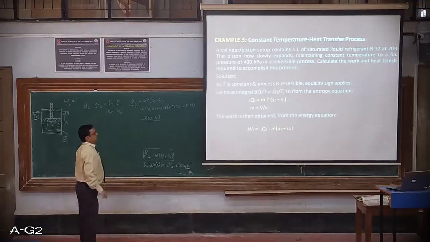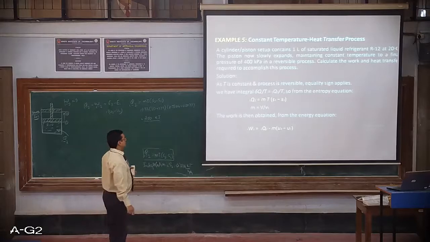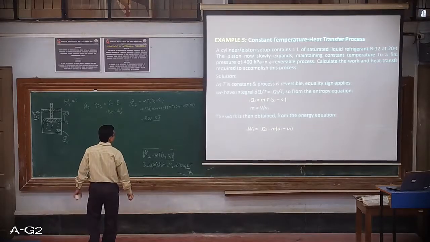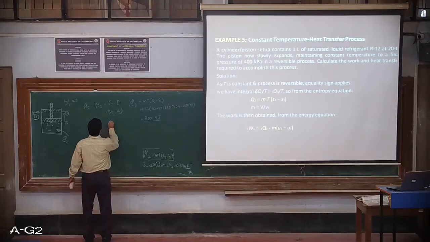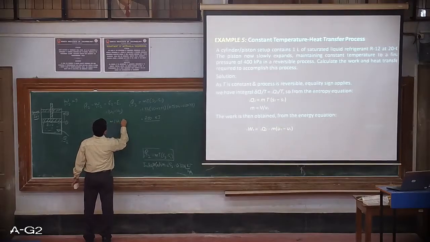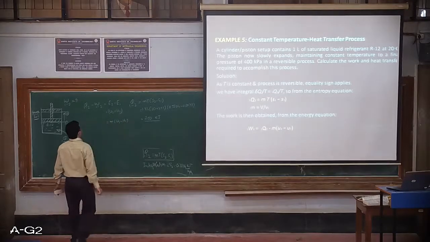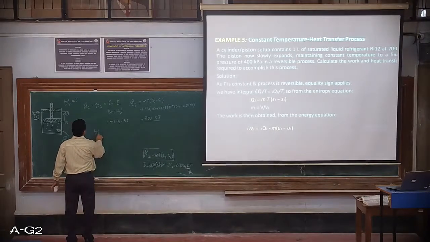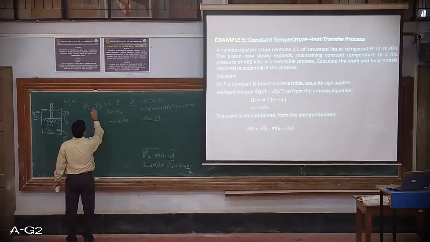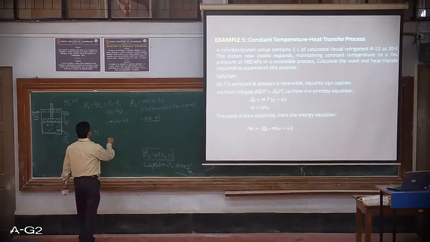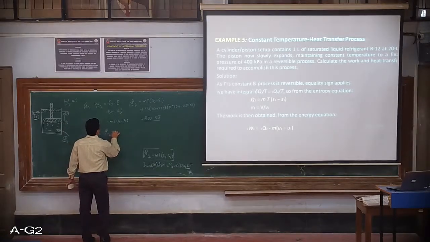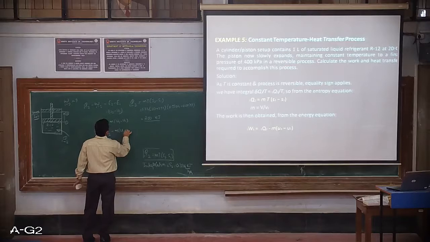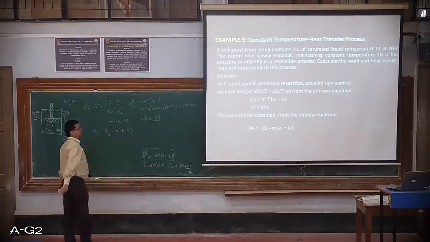All the terms I'm using here are on a unit mass basis, so it turns out to be m(U2 minus U1). Since work transfer is required, I'm going to rearrange: W1-2 equals Q1-2 minus m(U2 minus U1).